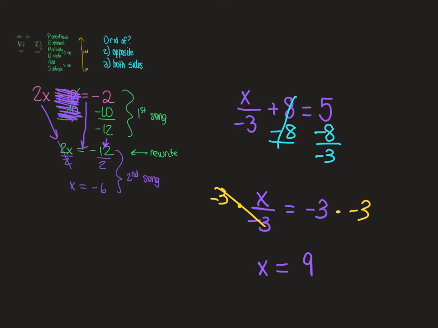Unless you want it to take more, more is always better. If you want to space things out, feel free to space things out. That takes 6 lines of work. We sing the song twice. So here was my first time through the song. Here was my second time through the song. And my final answer. Always add or subtract before you multiply or divide.